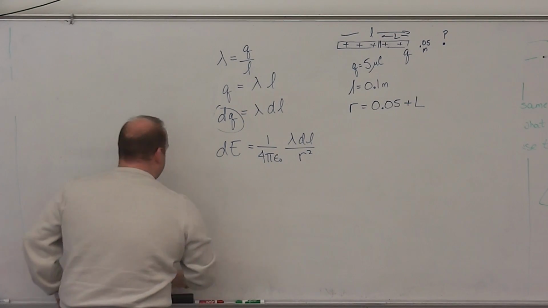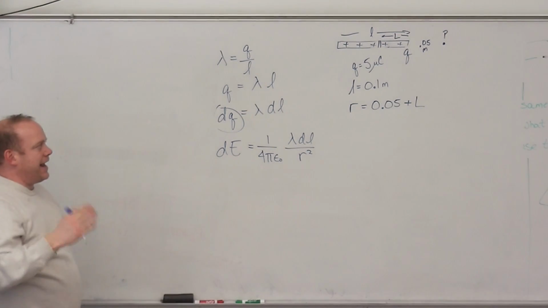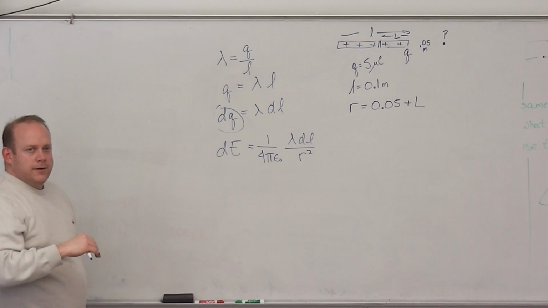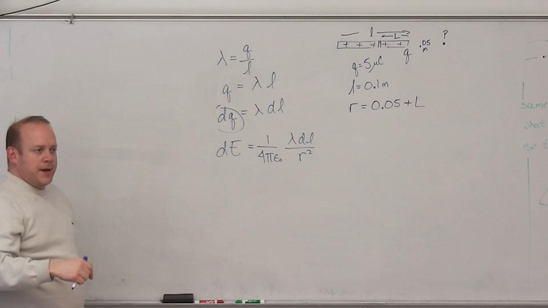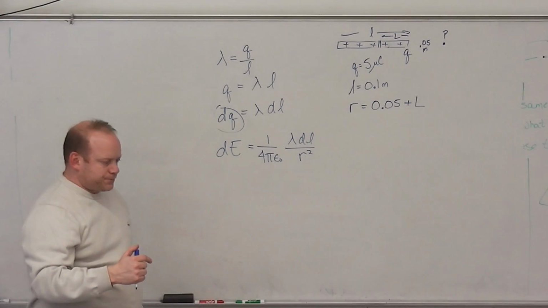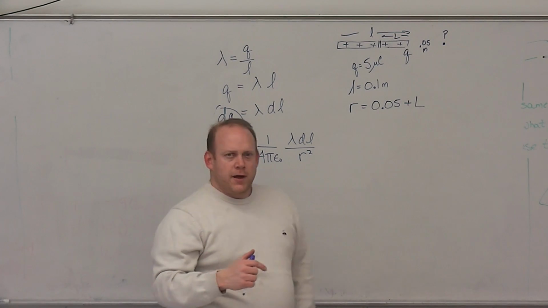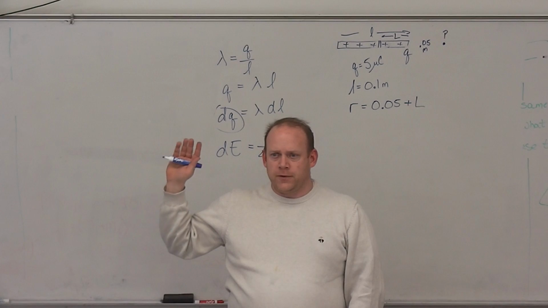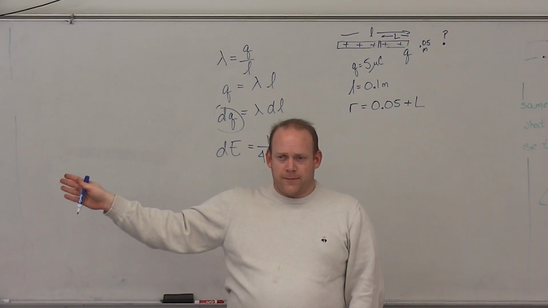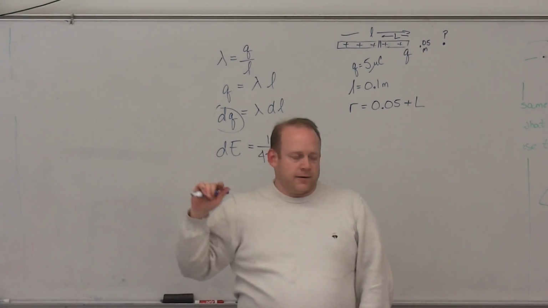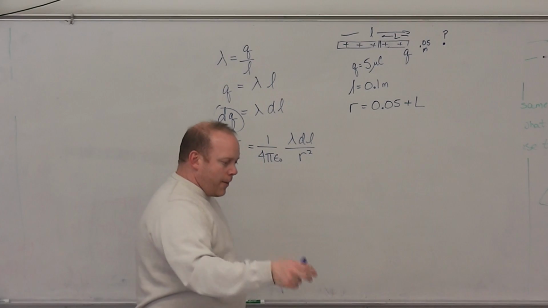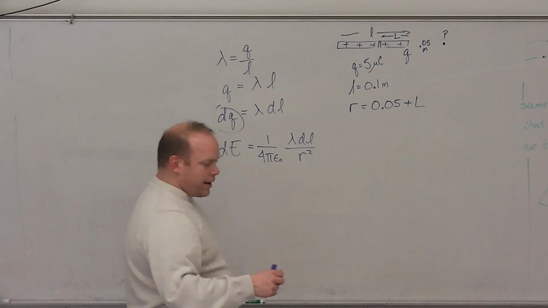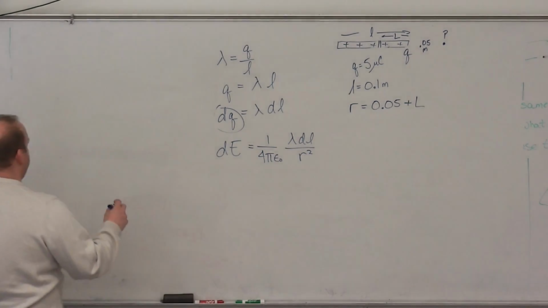You guys can do this, especially if you're in BC, if you're in AB at this point. Set it up. Try setting it up, and you're going to plug it into Wolfram Alpha, or you just go to the Wolfram integrator site, and you can do it from there. But you guys can set it up.